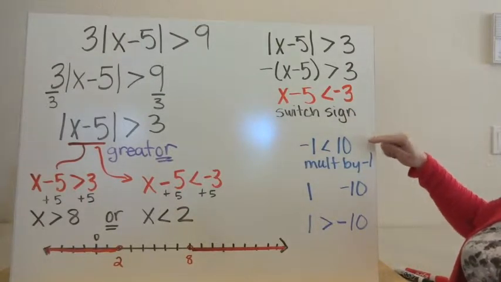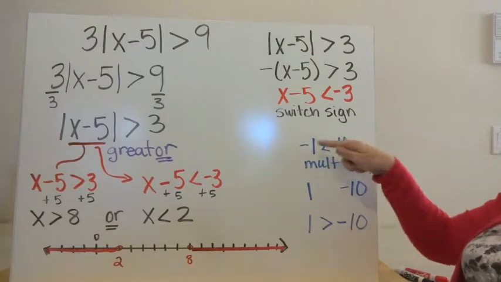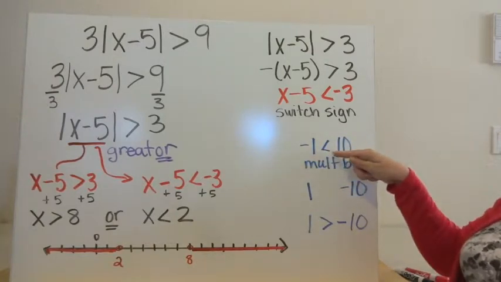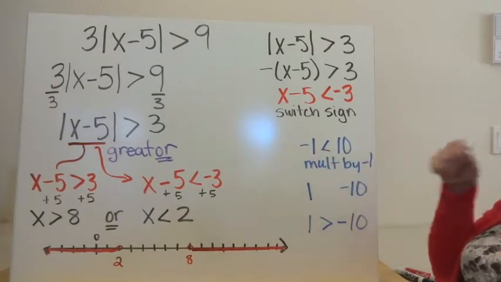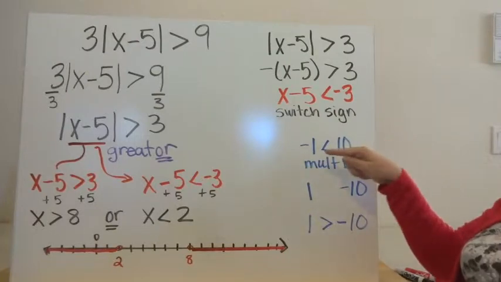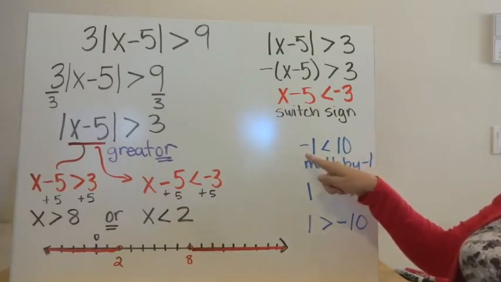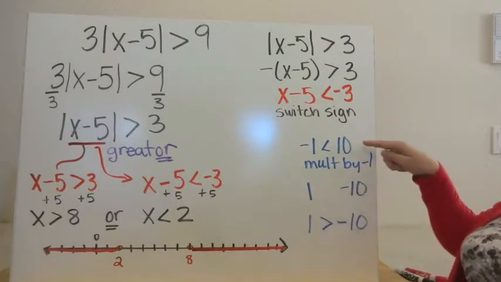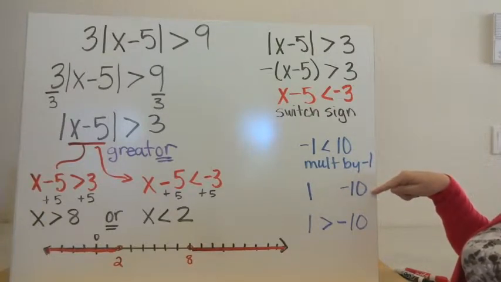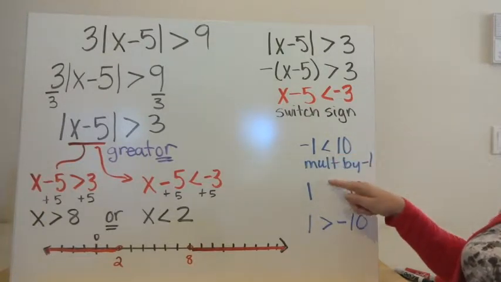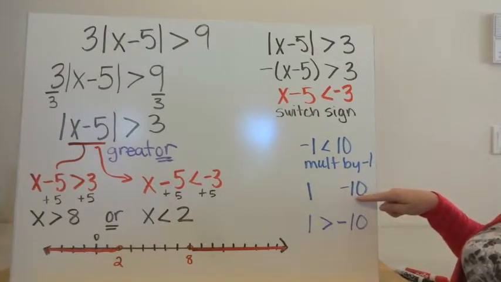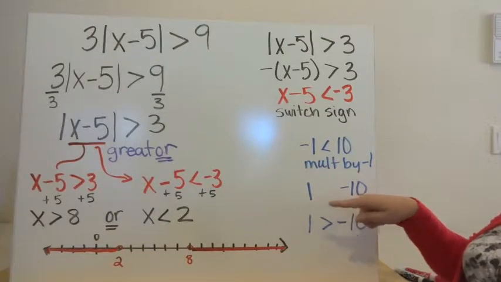And just to give you kind of an intuitive understanding, I'll just give you one example. If we have -1 is less than 10, that's true, right? 1's a negative number. And we multiply both sides by -1. On this side, we're going to get a 1, but on this side, we get a -10. Well, we can't just keep the inequality sign like that, because we know that -10, any negative number, is going to be less than that positive number.